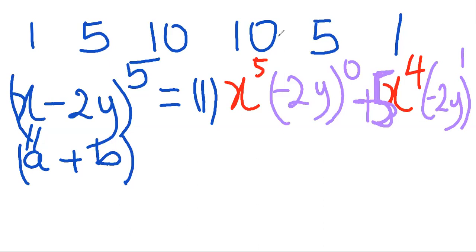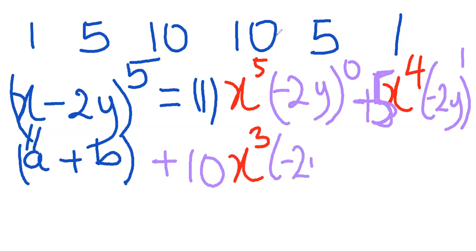Now the next coefficient is 10. And x is going to decrease, so it becomes x raised to power 3. Then minus 2y is going to increase, and it becomes minus 2y raised to power 2.